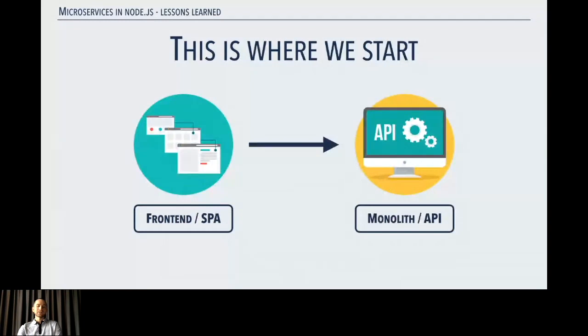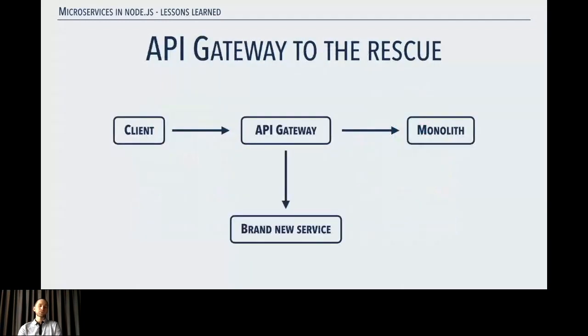And the first thing we should try to do is to introduce an API gateway. API gateway is one of the patterns we use in microservices, and it's usually another microservice responsible for routing the traffic to our system.